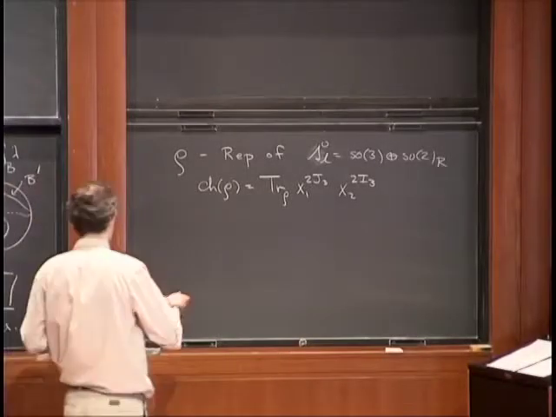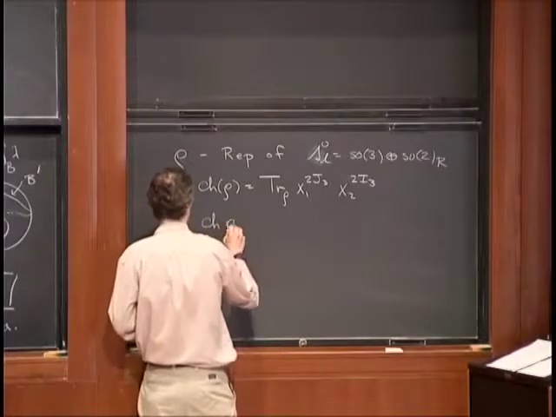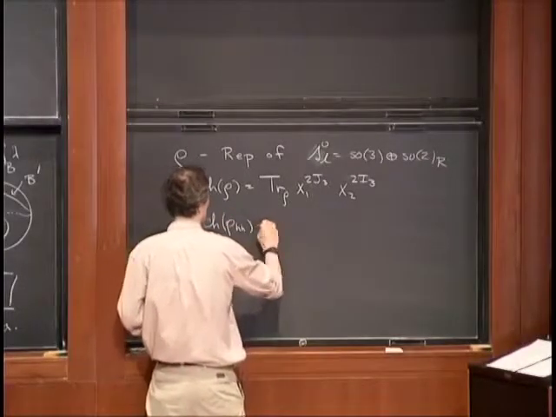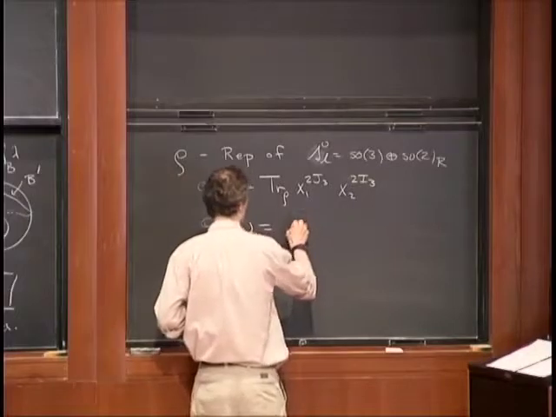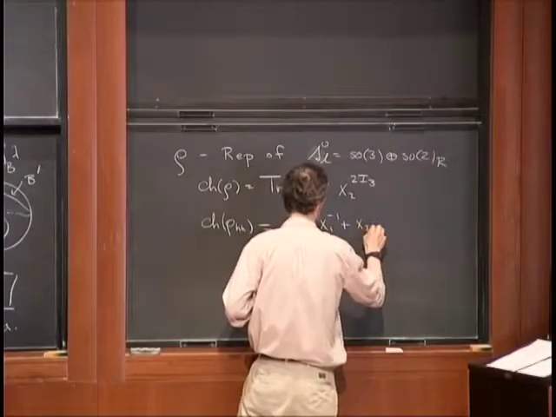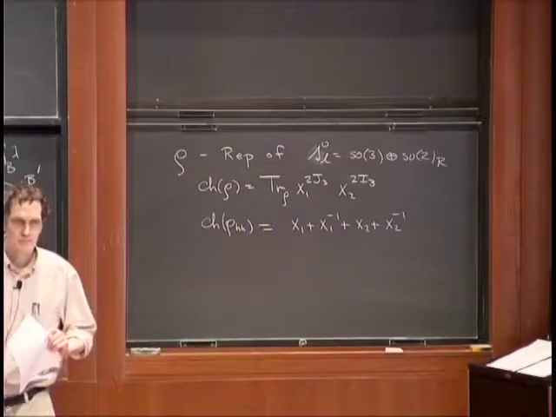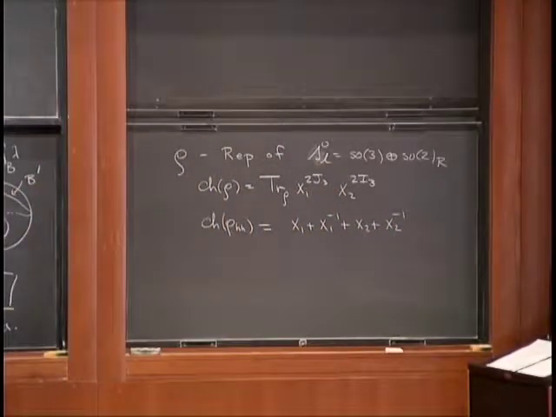OK, so let's just calculate a few examples of this. So let's calculate rho of the half hypermultiplet. And so I hope you can see that that's equal to x1 plus x1 inverse plus x2 plus x2 inverse. Right? Rho half hypermultiplet is up there. It's 0 half plus 1 half 0. You can do that calculation in your head if you're following.